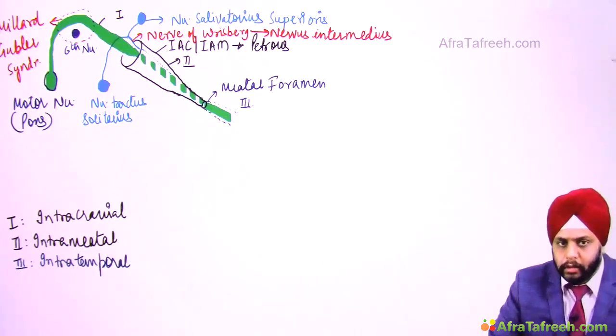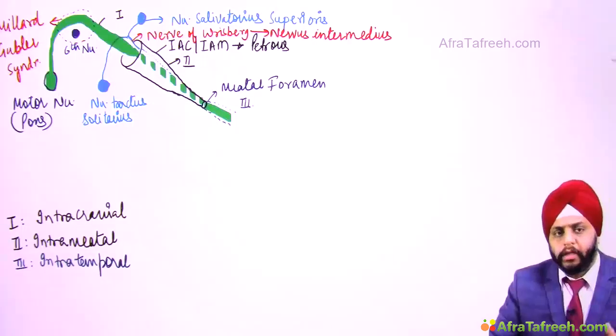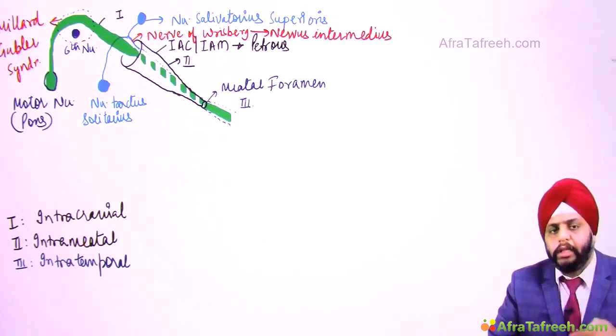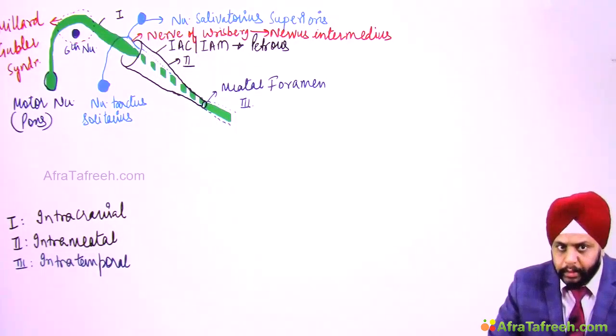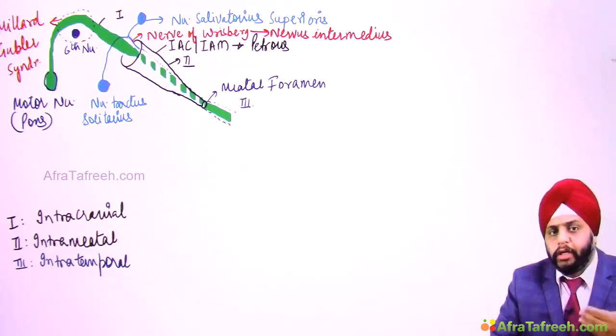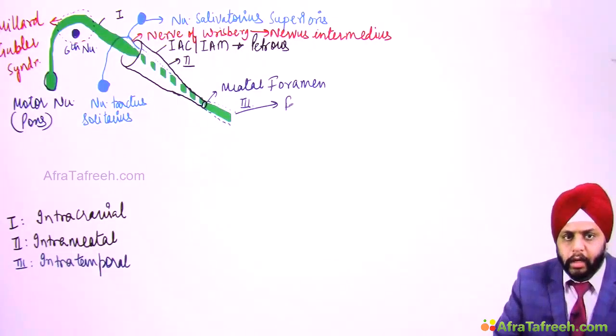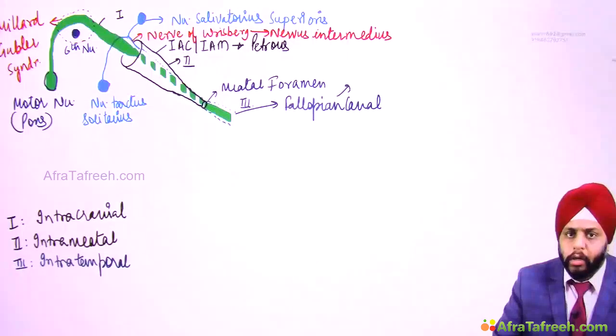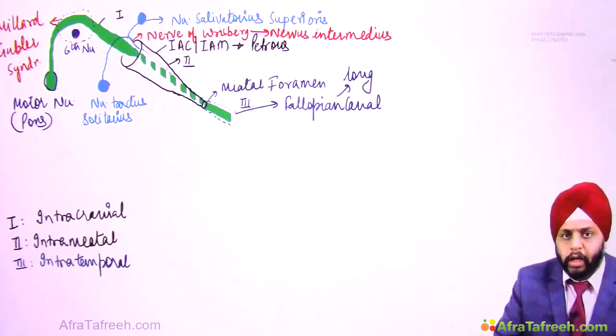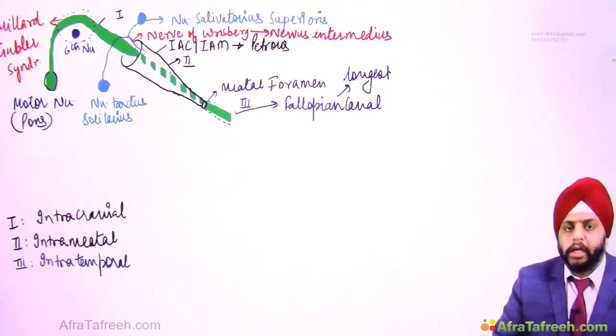As we discussed during the middle ear anatomy, when the facial nerve is traveling in the intratemporal segment, it is actually traveling in a bony canal. The name of this canal is the fallopian canal, and this is the longest bony canal for any cranial nerve.